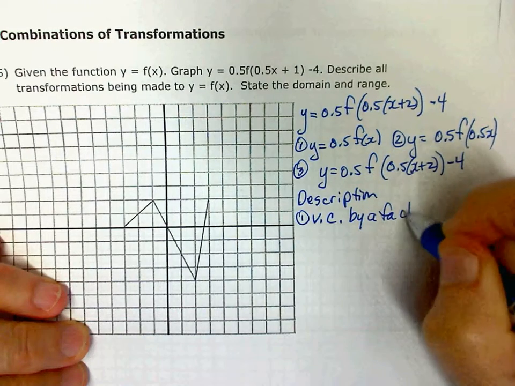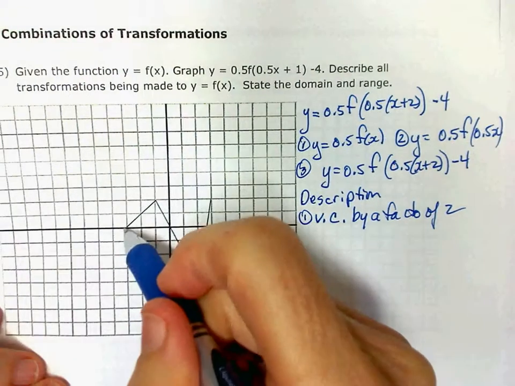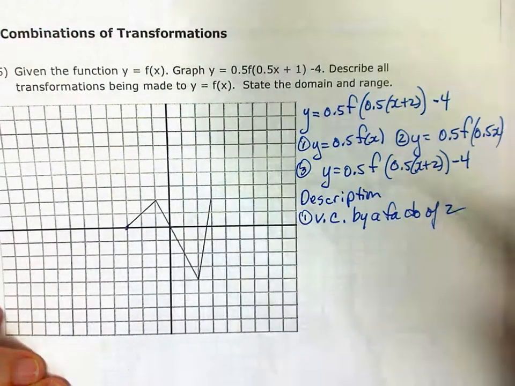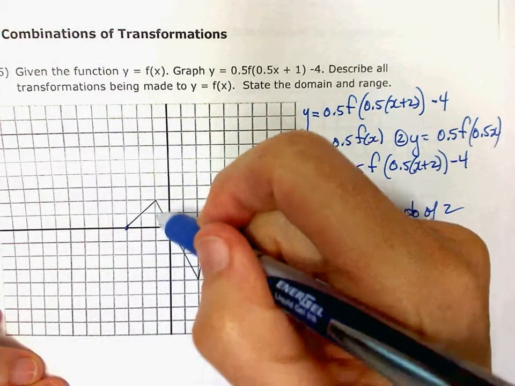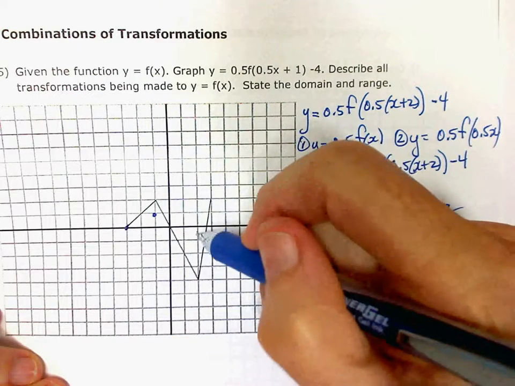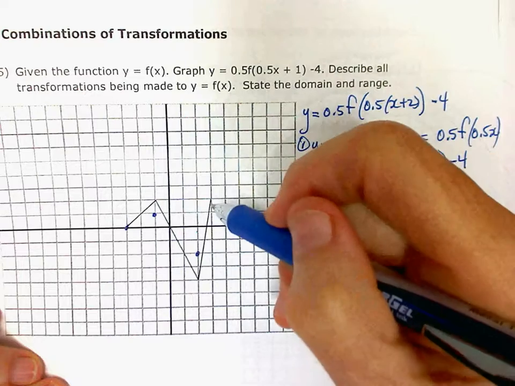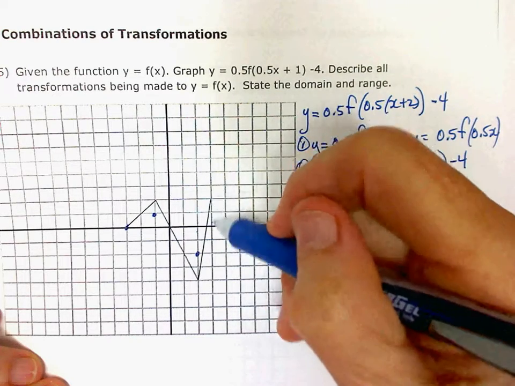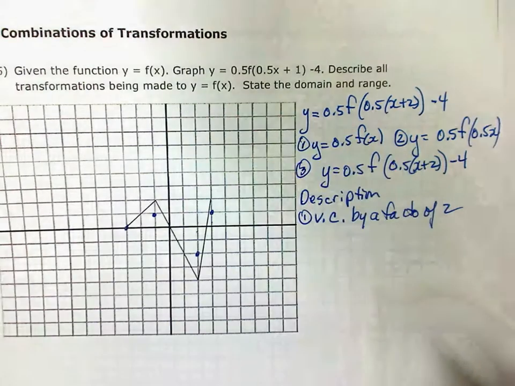We're going to graph and draw at the same time. Here the y value is 0, half of 0 is 0. Here the y value is 2, half of 2 is 1. Here the y value is negative 4, half of negative 4 is negative 2. Here the y value is 2, 2 times a half is 1. So now we can join those vertices.